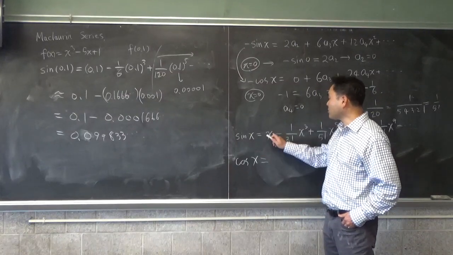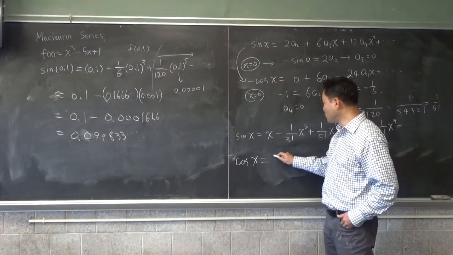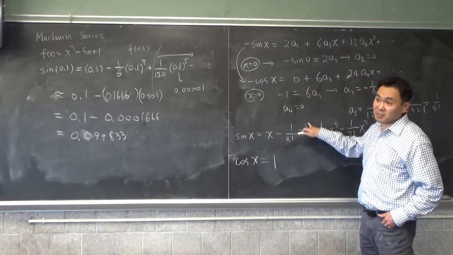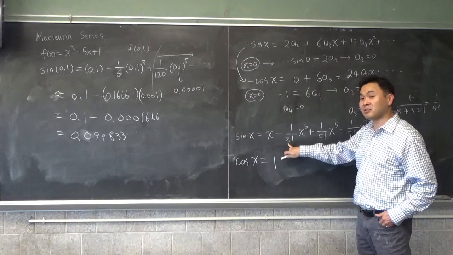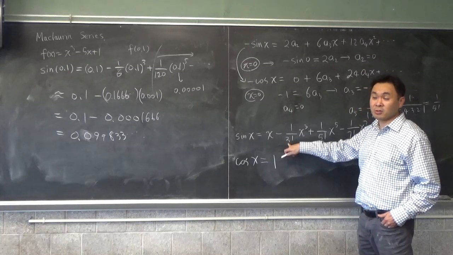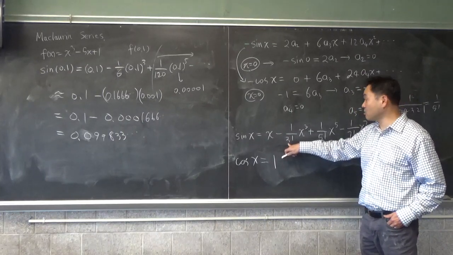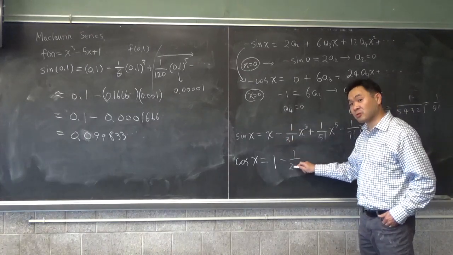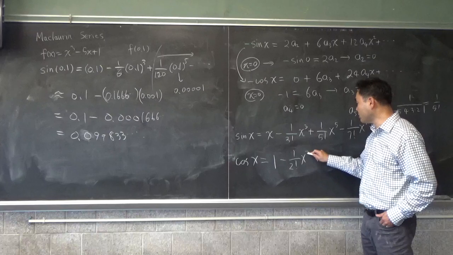Okay, so x differentiates to 1. When x cubed is differentiated, 3 comes down, but wait, this is 3 times 2 times 1, so the leading 3 will cancel with the 3 that came down, which will just give you 1 over 2 factorial x squared.